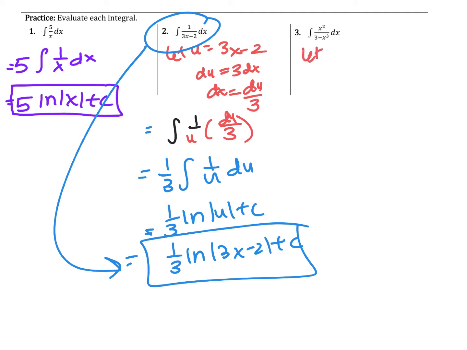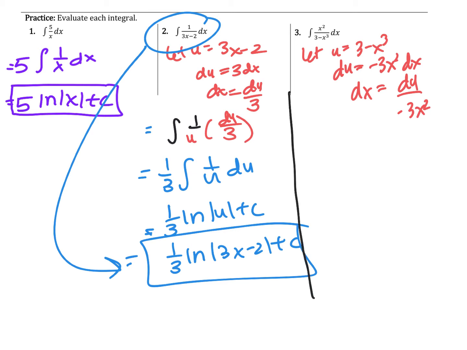So I'm going to let u equal the more complicated function, which is the denominator. So du is going to equal negative 3x squared dx. So dx is du over negative 3x squared. So if I rewrite this integral, I still have x squared in the numerator. I now have u in the denominator and du over negative 3x squared.